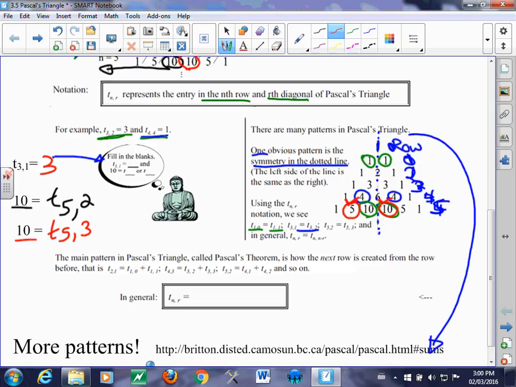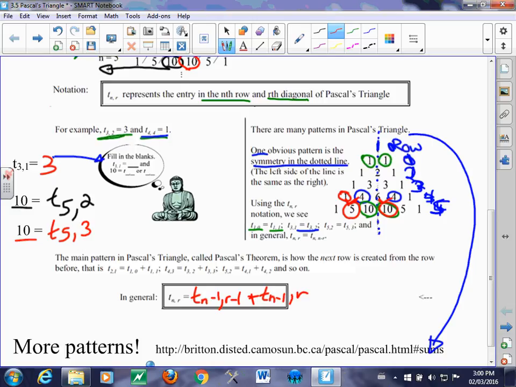So to get the notation, folks, you have to go one row less. So it's going to be T(n-1, r-1), and then you add it, so that would be this one here. So you go over 1 and up 1 row, plus the one in the row above with the same term number.